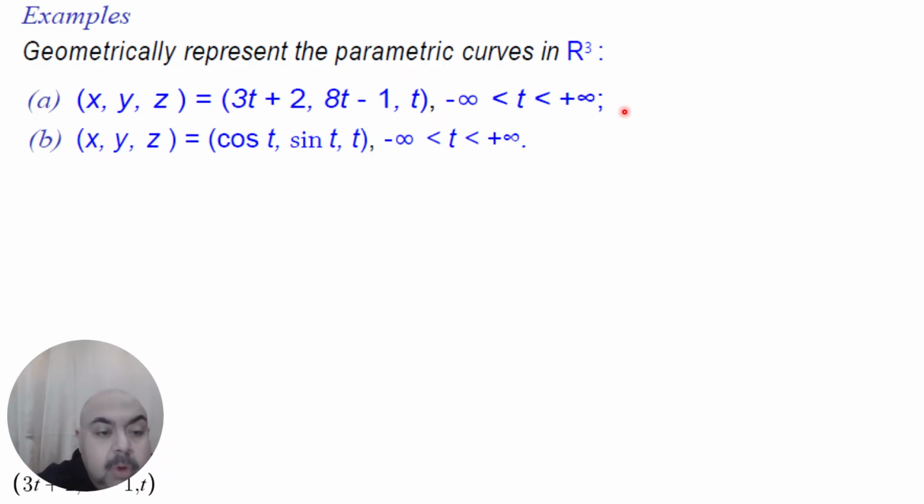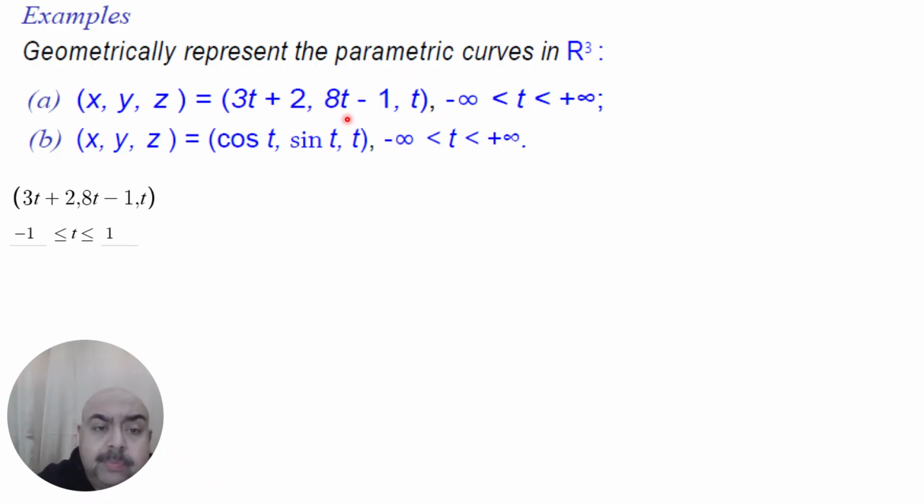So once we try to do so, all I have to do is substitute, let's say, -1 and +1. Inserting -1 here, it's going to be -3 plus 2, which is -1. Here it is going to be -9 and then -1. That's the location of a point in three dimensions.